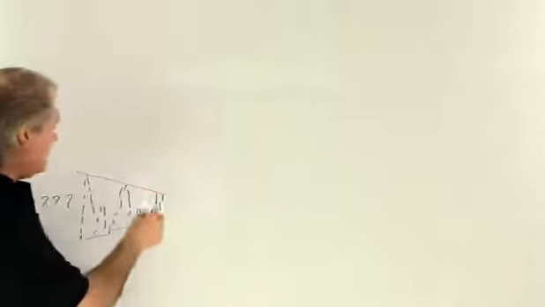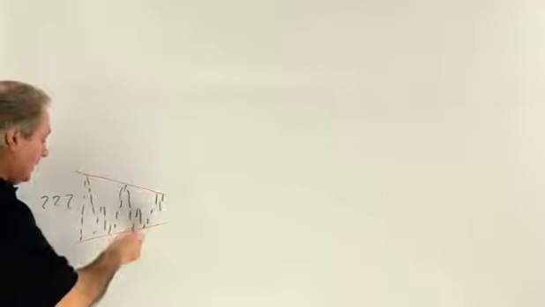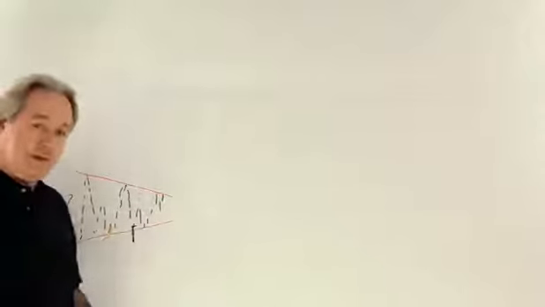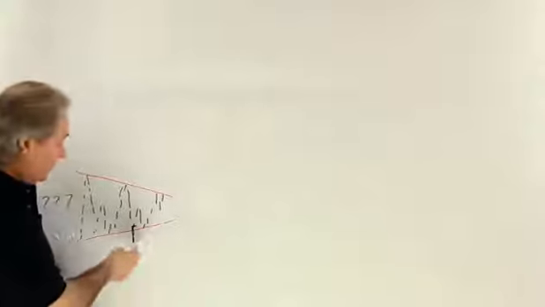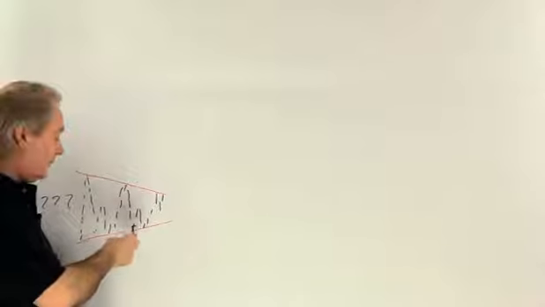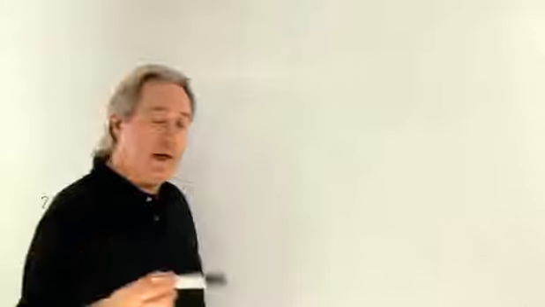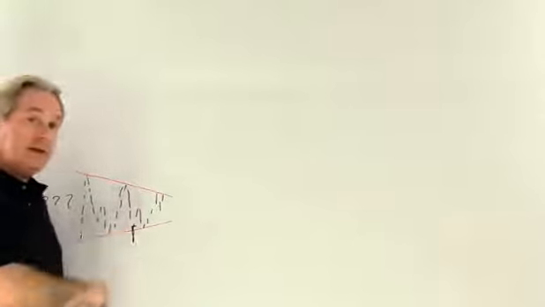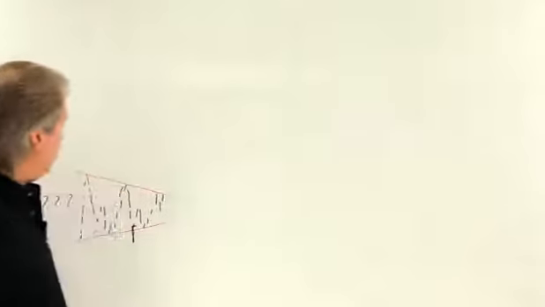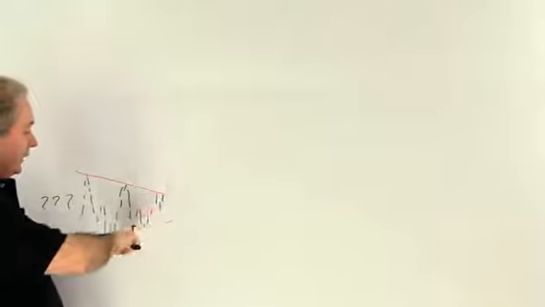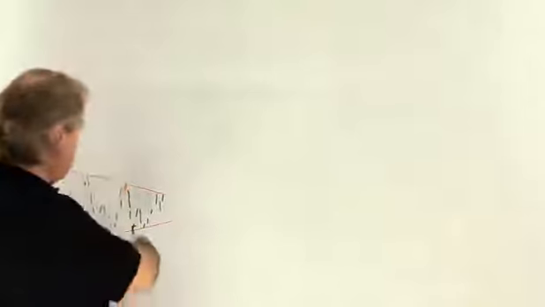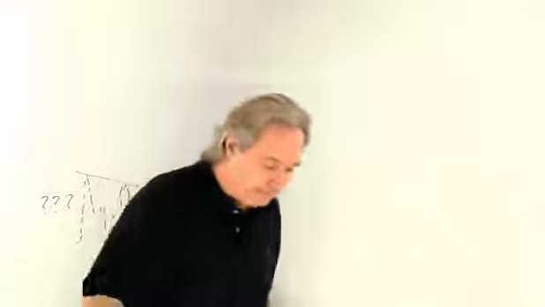And the triggering of an entry is not going down there and immediately coming back up and closing back inside the pattern, because all that's doing is taking out the sell stops of the people that are trying to do this the old way, and it's basically stopping them into a position they don't want, and then it's going to punish them. And that's us just drawing our triangle, saying, oh, there's a spike there, we'll just carve that off because we don't need that. Well, that was somebody getting into the trade the wrong way.